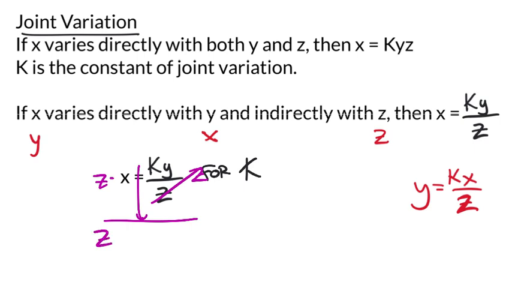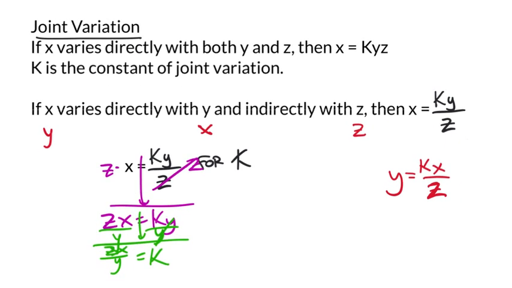Then you'd have zx equals ky. And then I'd divide both sides by y, so at least you can solve for just the k. Now you've got k equals zx over y. Kind of ran out of space there. A little bit better.